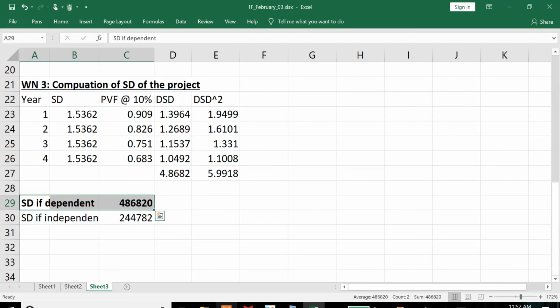If they are independent, it is 244,782. Can you proceed?